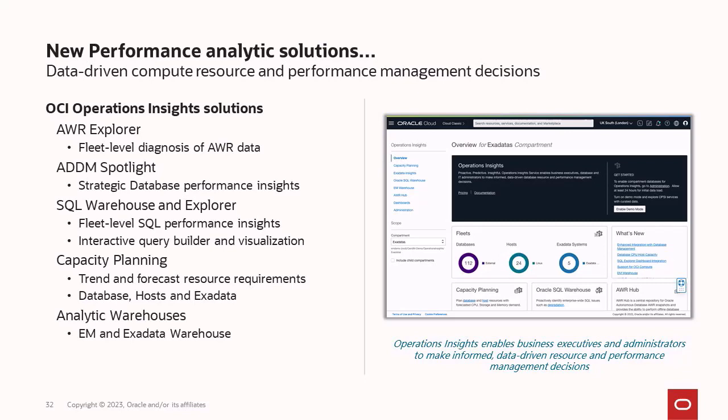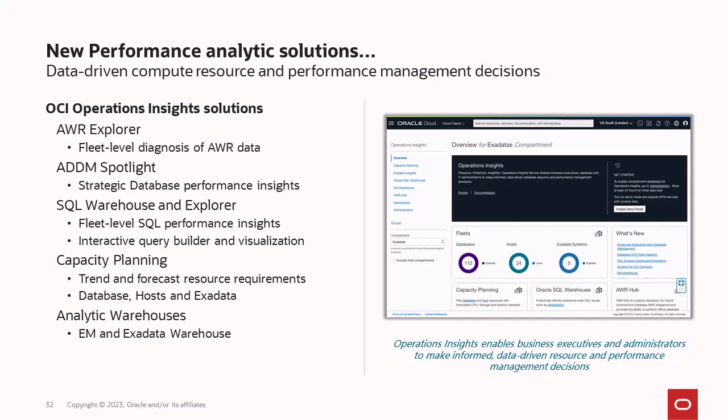Finally, the AWR Hub, EM Warehouse, and Exadata warehouses are repositories providing a lakehouse for telemetry from various sources accessible for deep operational analytics. You can create customizable reports or user-driven analytics within these data stores.